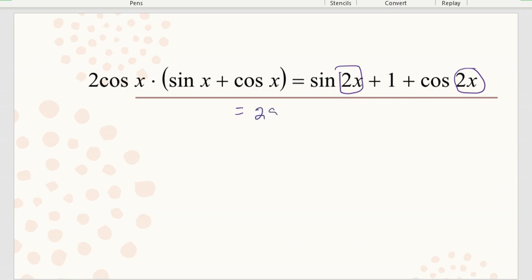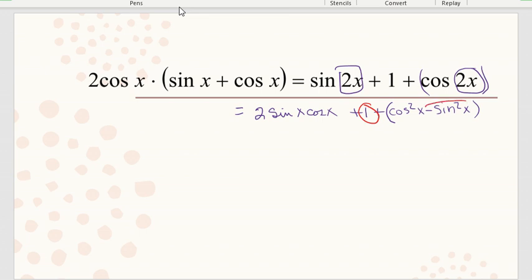This becomes 2 sine x cosine x plus 1 plus cosine squared x minus sine squared x. Now, technically, it's plus all of this for this guy, but with an addition, there's no need to distribute the plus sign, okay?